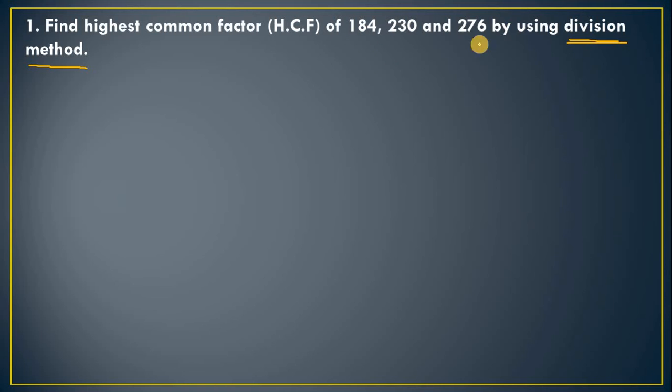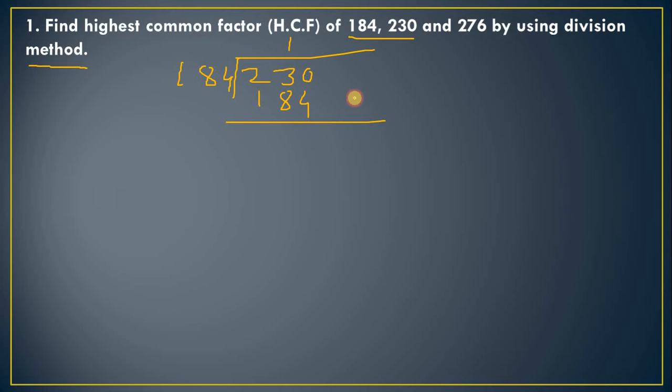For that you pick any two numbers. The bigger number should be written first and you divide by the smaller number. 184 ones are 184. You get remainder 10 minus 4 is 6, here 4, here 0. Then you use this smaller number for dividing the previous number 184.